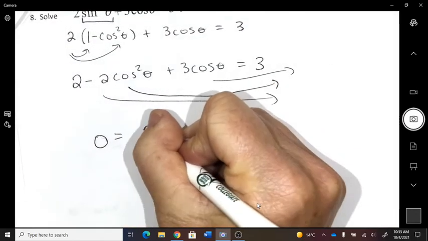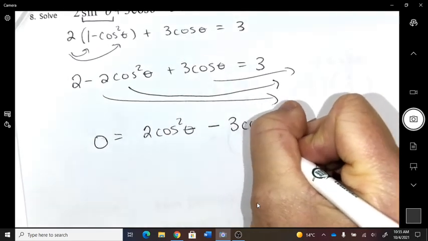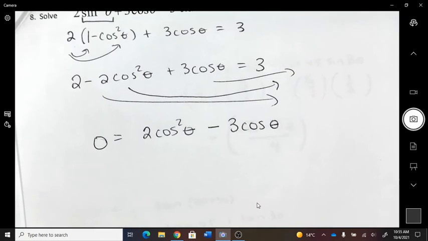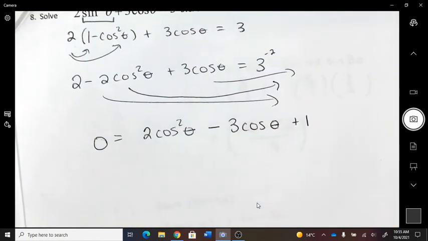So now it's 2 cos squared minus 3 cos. And what do you get as a number there? We're moving the number. So make sure you get the number correct. When you move 3, subtract 2.